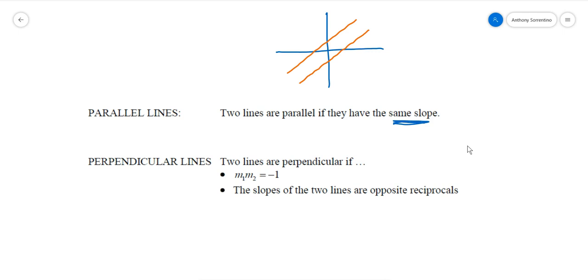Sometimes I'll have students that'll tell me a situation like this: the two lines don't intersect each other in the amount of space that they have there, so they tell me those are parallel because they don't touch each other.